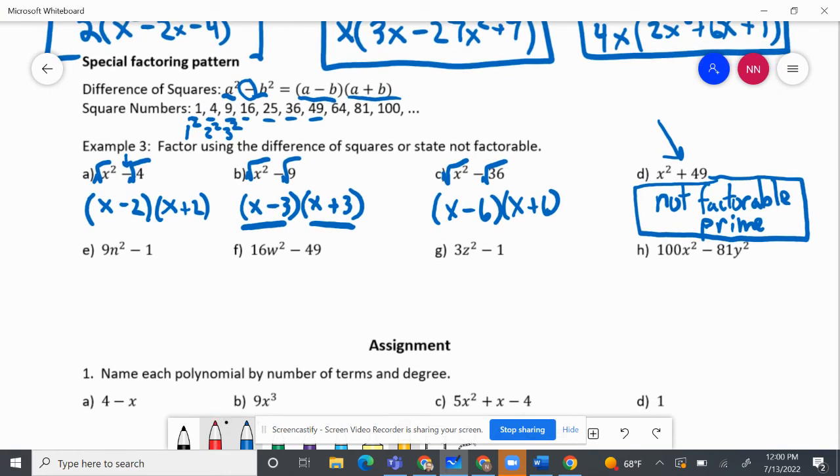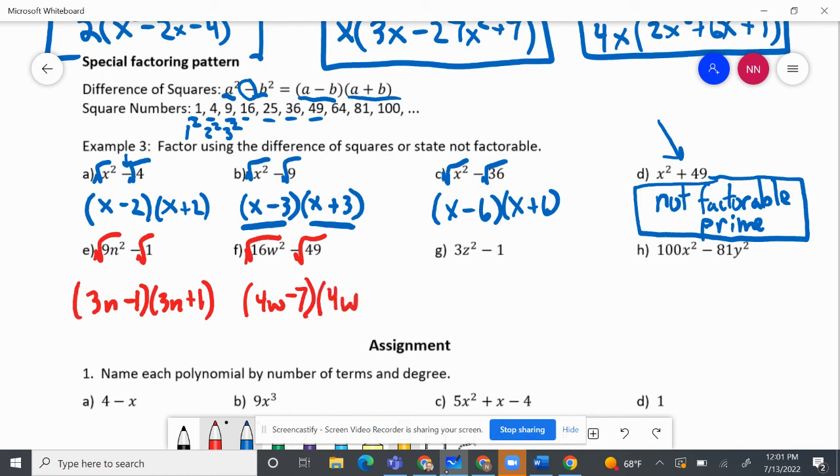Letter E, we can take the square root of each one, and that gives us 3n minus 1 and 3n plus 1. For the next one, if we take the square root, it gives us 4w minus 7 and 4w plus 7.